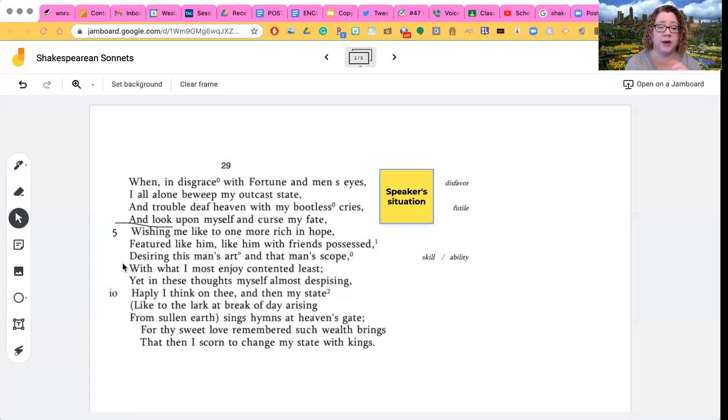The next quatrain just extends that idea. So he just continues heaping on the problems of feeling depressed about life.